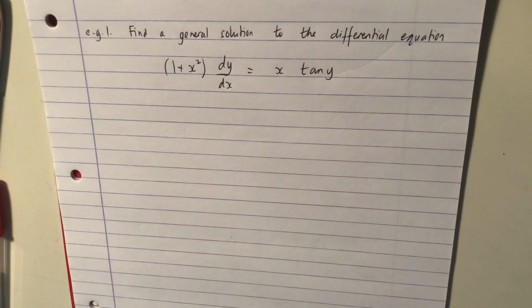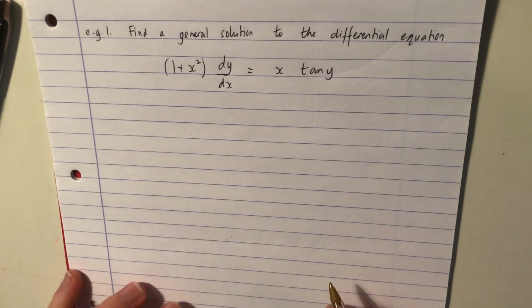Example number 1, we're going to find the general solution to this differential equation. We've got 1 plus x squared, dy by dx, equals x tan y. And this is a separable differential equation. You can use division or multiplication or whatever it might be to take all of the x's to one side and all of the y's to the other side. So based on the steps from before, I would like to take the y's to the left and the x's to the right, using just division and multiplication.